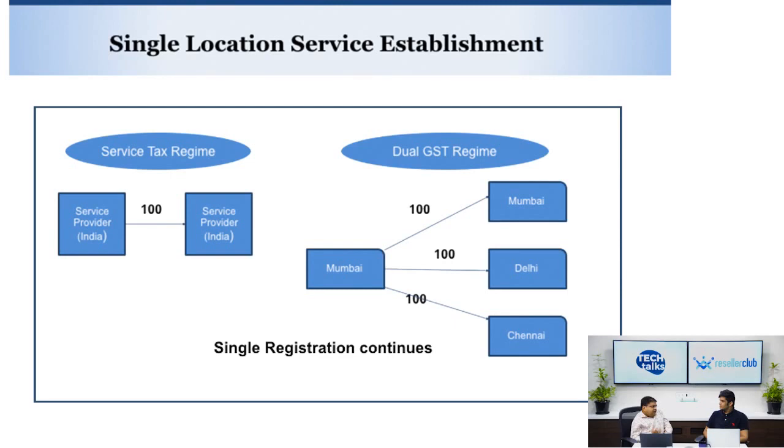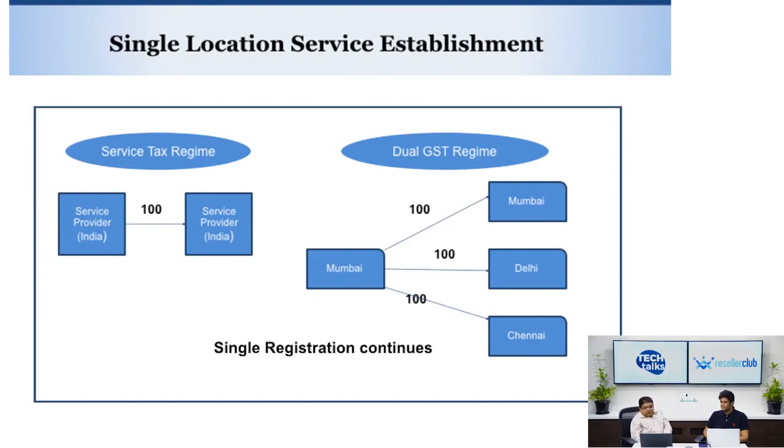But under GST, if you are providing services from two or three different locations, then you have to get registered in each state and discharge your liability there. That is something different under the GST regime, and it is going to increase the compliance requirement as well, because you will be filing your returns for each state separately. Though it will be an online process, the compliance requirement will be there, which will be a little bit hard.